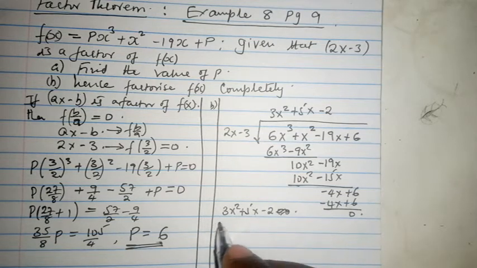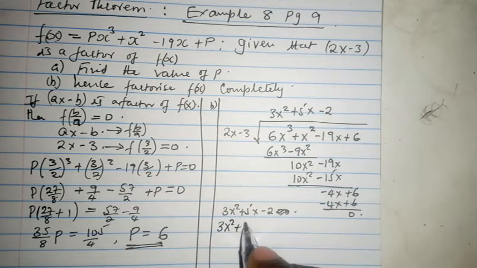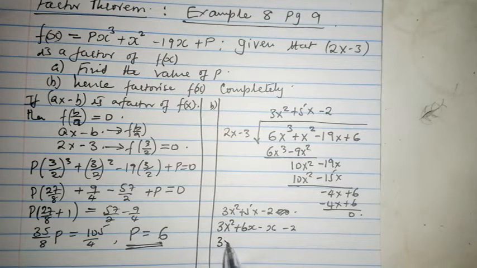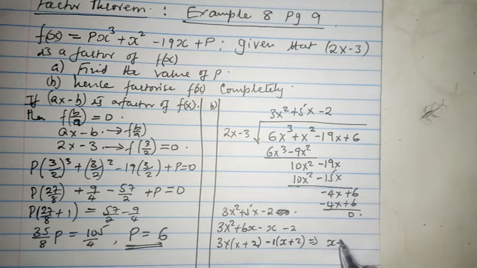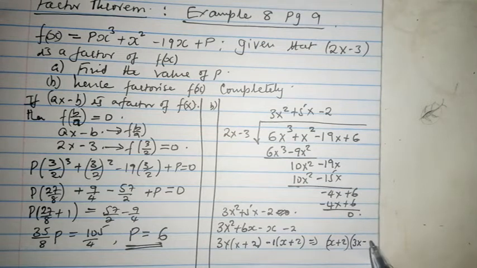So 3x squared plus 6x minus x minus 2. You have 3x(x plus 2) minus 1(x plus 2). So we have two brackets: (x plus 2) and (3x minus 1).